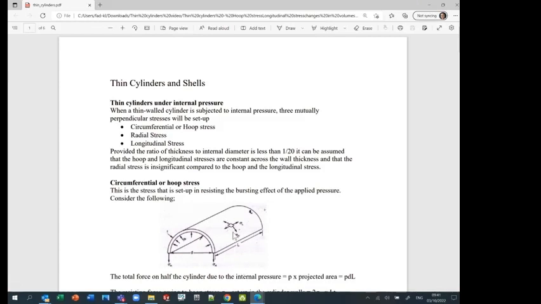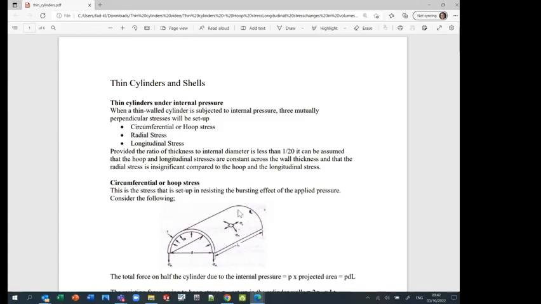The hoop stresses caused by trying to expand the cylinder, and the longitudinal stresses caused by the pressures on the ends of the cylinder. There are also radial stresses which would be mutually perpendicular to those 2 directions, but as long as our diameter to our thickness is below a certain value, about 1 in 20, we can neglect that.